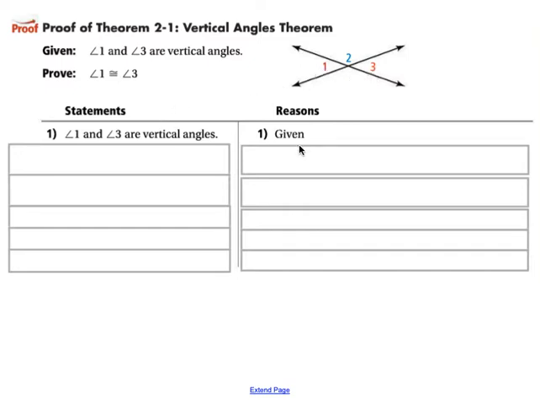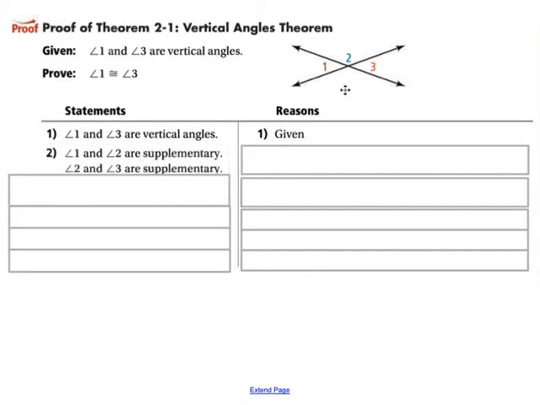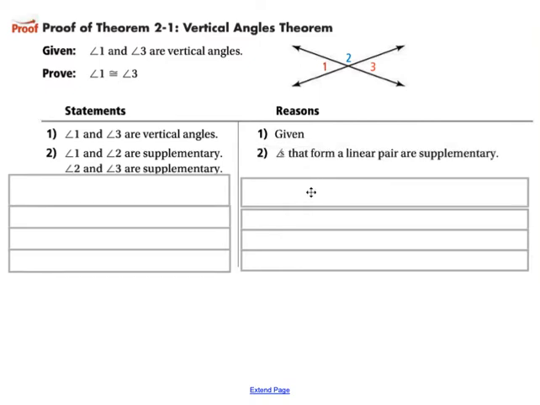So we start with our given statement, and then our second statement is to say that angle 1 and angle 2 are supplementary, and angle 2 and angle 3 are supplementary, and that's because they both form linear pairs, and linear pairs are supplementary. Remember, linear pairs share a common side and they form a straight line.